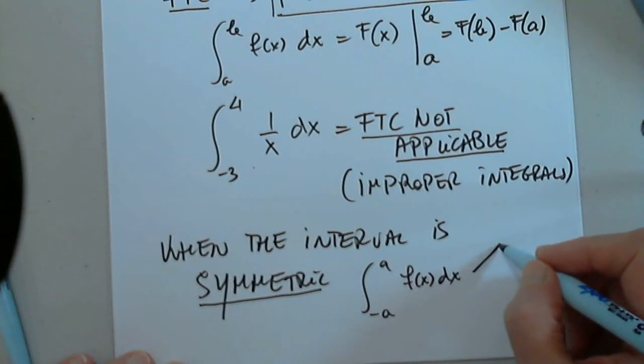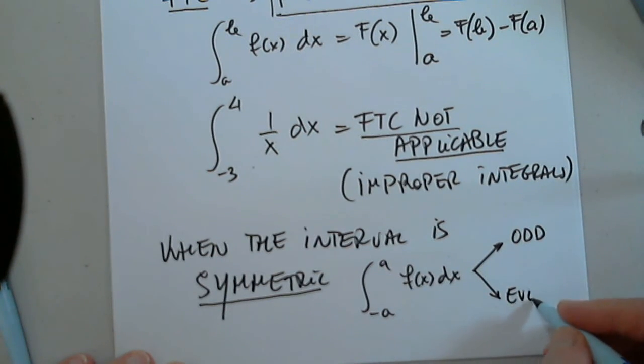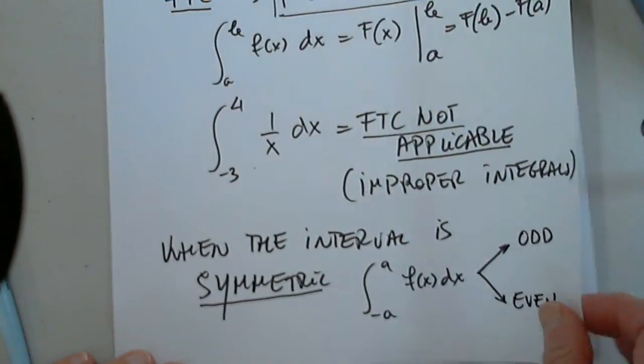So we want to verify if the function is odd or if the function is even. So this is a property that is important to remember.